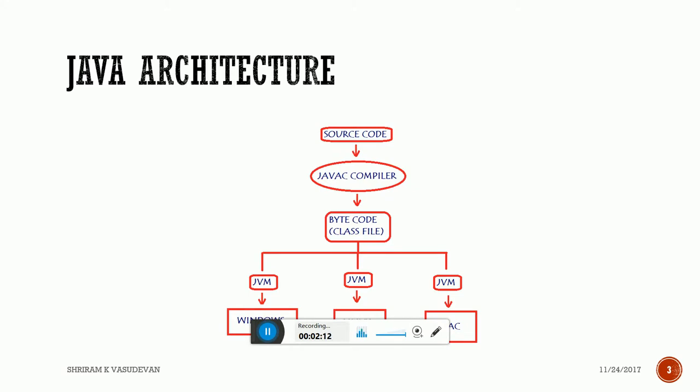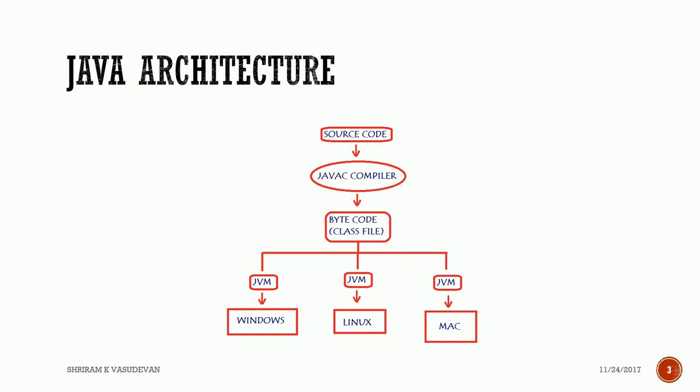But after this, it has to go to a Java virtual machine, where you can see in this diagram that a JVM for Windows, a JVM for Linux, and a JVM for Mac are specifically available, and they are platform dependent. So the code goes into the compiler, generates the class file, and goes into the JVM. Up to the class file generation, it's all very simple, and after that we need some platform dependency in the form of the JVM.